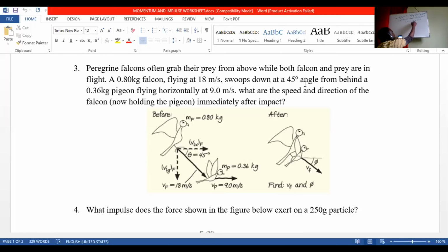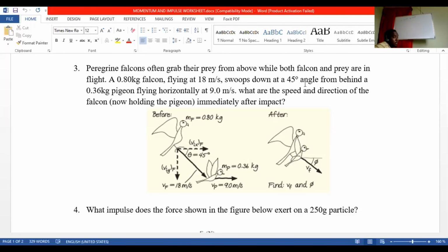We can divide by 1.16 on both sides, so we get 12.26 equals VF cos the angle. That is the simplified equation for your x plane. So let's put this right here: 12.26 equals VF cos angle.